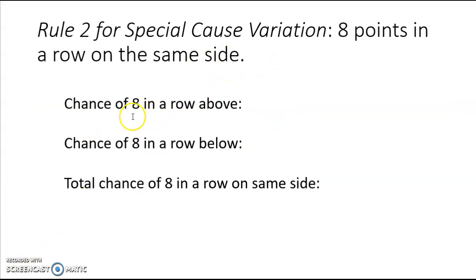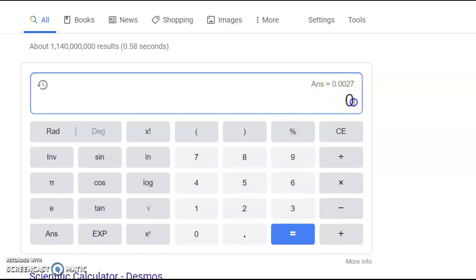Well, let's break it down into two questions. What's the chance of getting 8 in a row above? If we're thinking about flipping a coin, what's the chance of getting 8 heads in a row? Well, the chance of getting 1 head is 0.5, right? And 2 heads in a row would be 0.5 times 0.5, or 1/2 times 1/2. 3 heads in a row would be 0.5 times 0.5 times 0.5.